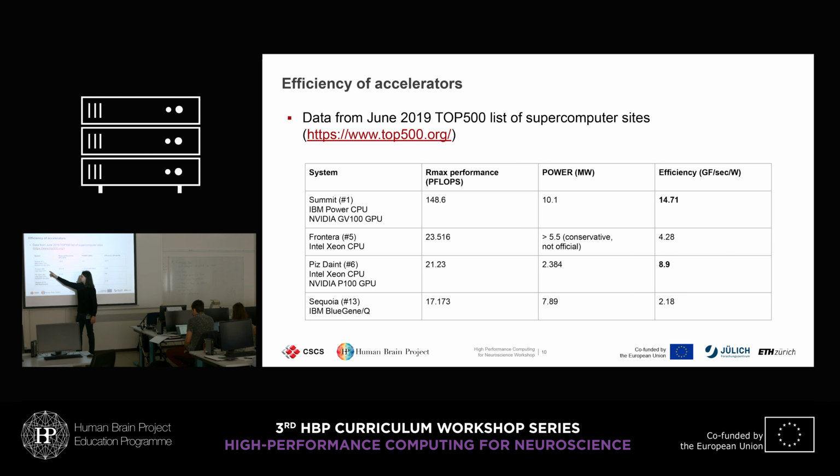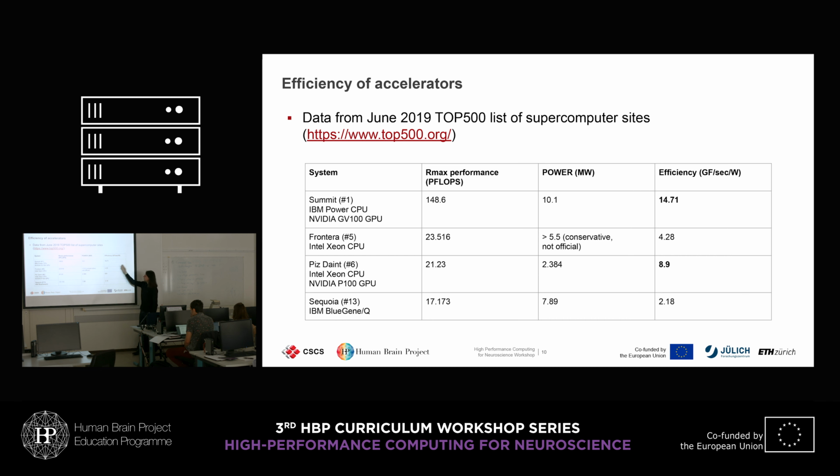We have Frontera, a freshly debuted system, number 5, with only CPUs. Here I have put Piz Daint, which is the number 1 supercomputer in Europe, also using GPUs. And as an example, Sequoia, which is another system not using accelerators.